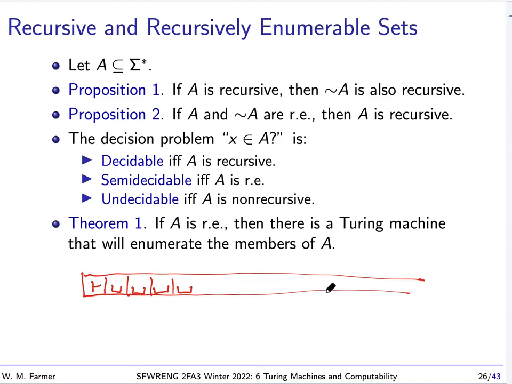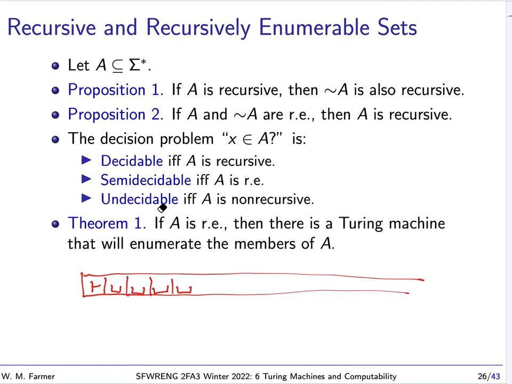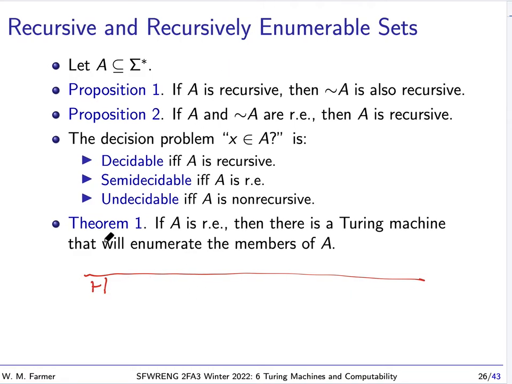And when this Turing machine is allowed to run, what it will do is it will write down a string. And then it will put down a blank, and then it will write down another string.